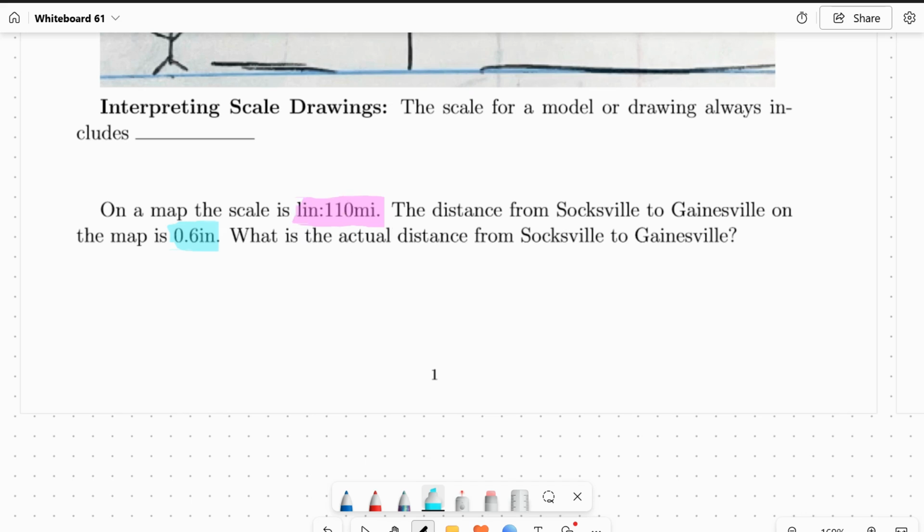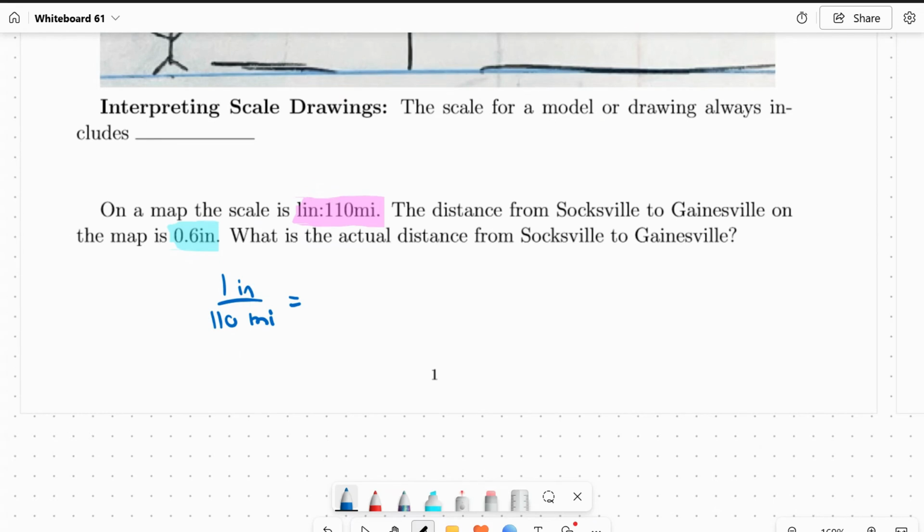Whenever they give you a unit conversion like this, 1 inch is equivalent to 110 miles, make that the first of your two fractions. So I've got 1 inch over 110 miles. The units aren't super important at this step, but I'm going to do it so that we can set up our proportion correctly.